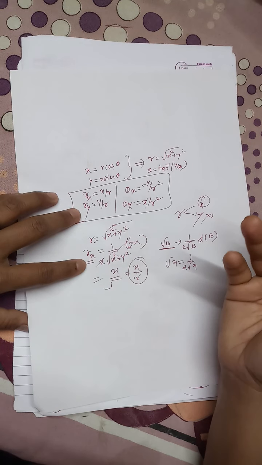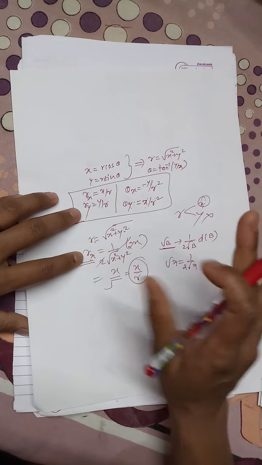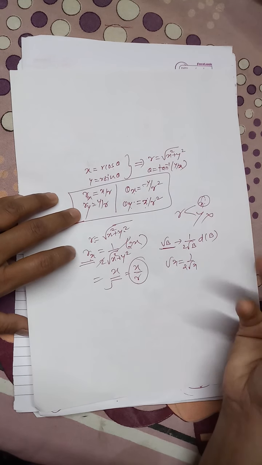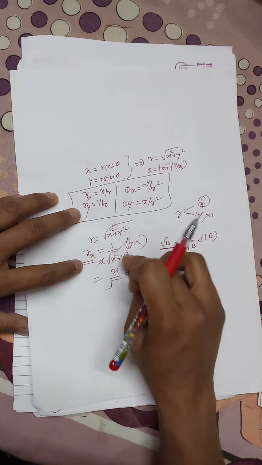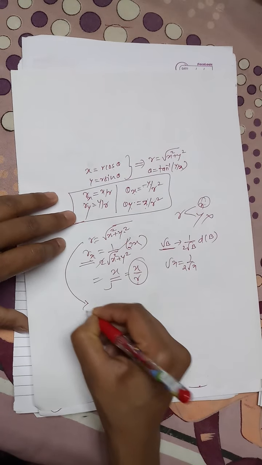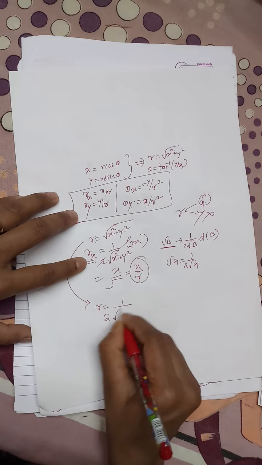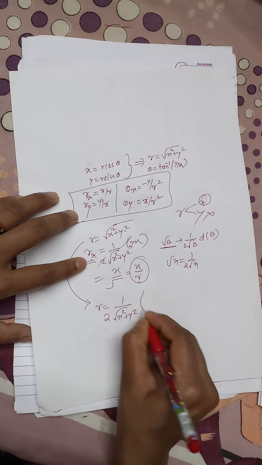If you can't remember in the exam, then there is another option: you can calculate the rx and ry values, or the theta x and theta y values. For the ry value, again apply the root b derivative formula: 1 upon 2 root b into the derivative of b.